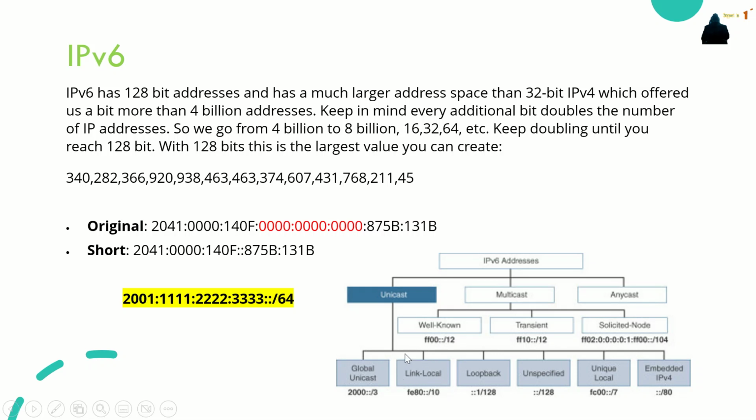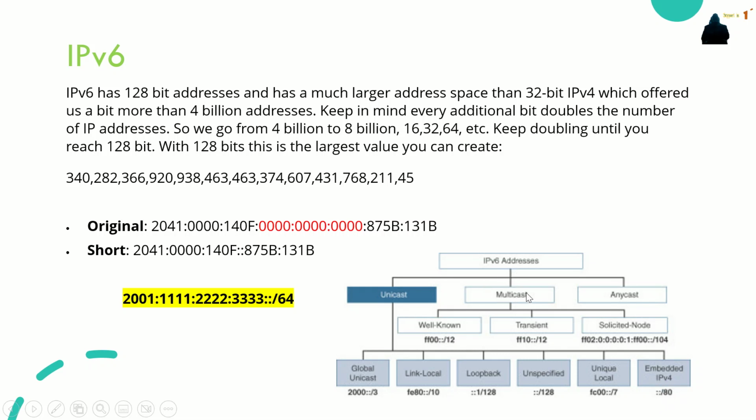And also you have link-local, starting with FE80. We have loopback ::1/128, and this one is unspecified. And also we have unique local FC00, and also embedded IPv4, and you can see like here.